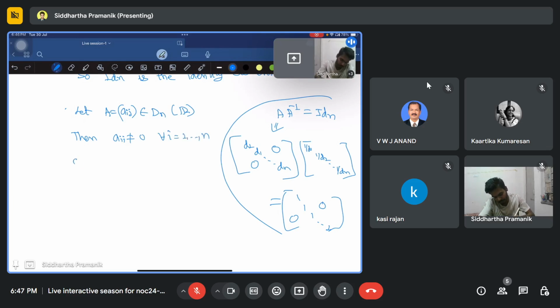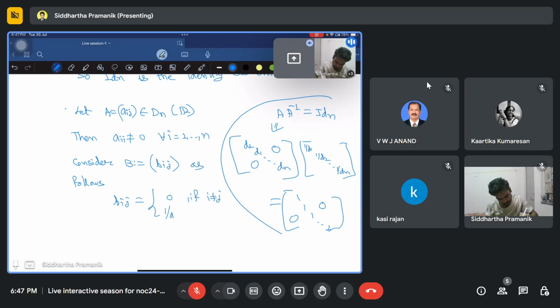So consider the matrix B, which is (b_ij), as follows. All non-diagonal entries are zero. So b_ij equals 0 if i is not equal to j, and it is 1 by a_ii if i equals j.